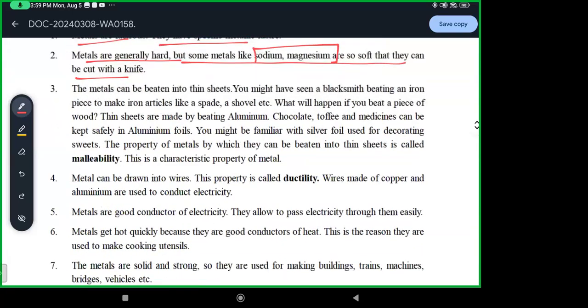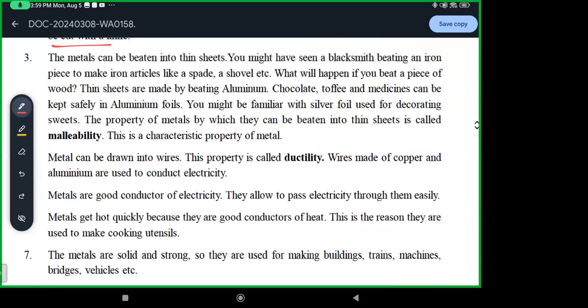Then metals can be beaten into thin sheets. You might have seen a blacksmith beating an iron piece to make iron articles like a spade, a shovel, etc. So it can be beaten to give it shape, to make various things such as a spade or a shovel.